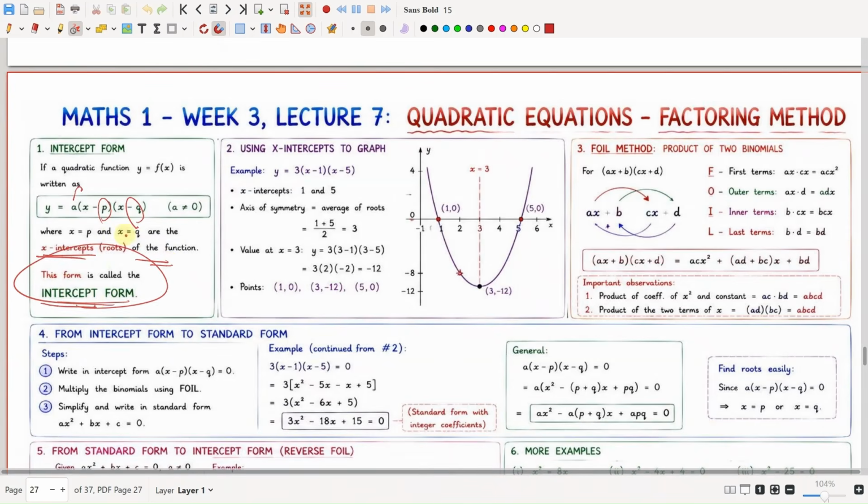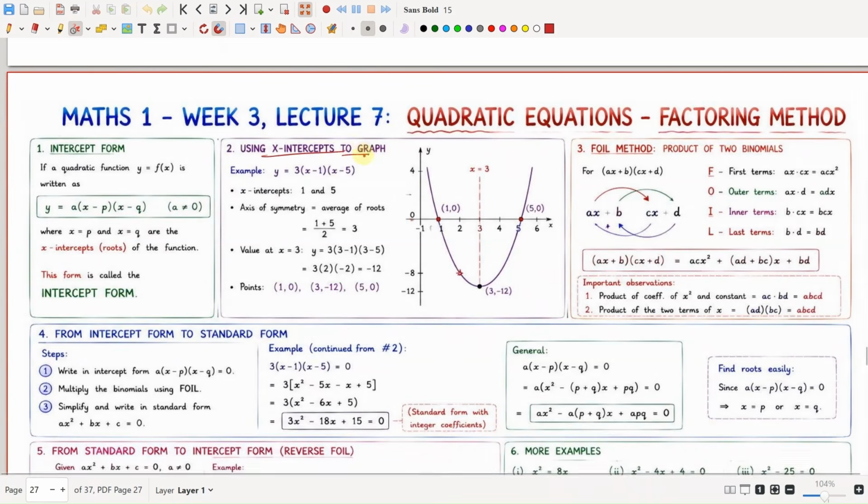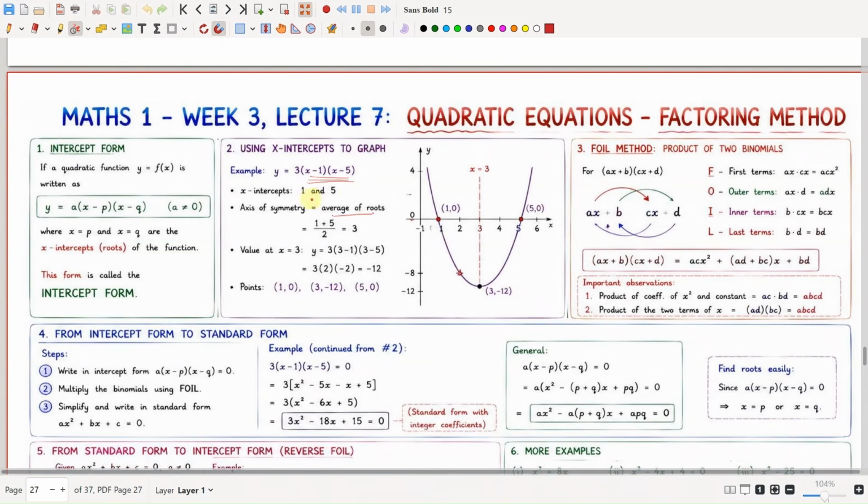Let's see using x-intercepts to graph. See the example, y is equal to 3 into x minus 1 into x minus 5. Here the x-intercepts are 1 and 5. The axis of symmetry will be the average of these two roots, which is 1 plus 5 divided by 2, which is 6 divided by 2, which is 3.